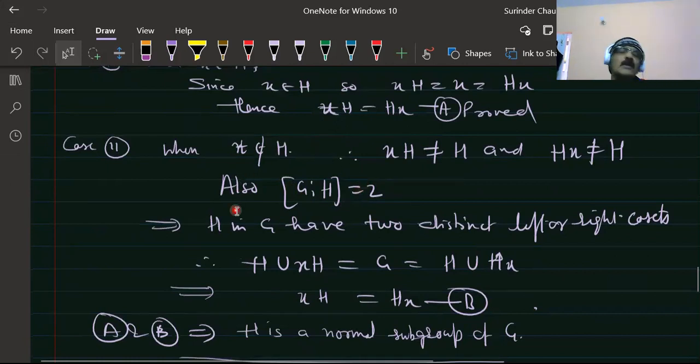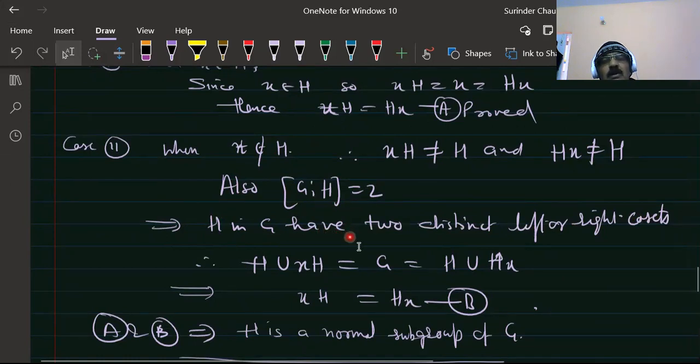So if the index of H is 2, this implies H in G has two distinct left or right cosets.